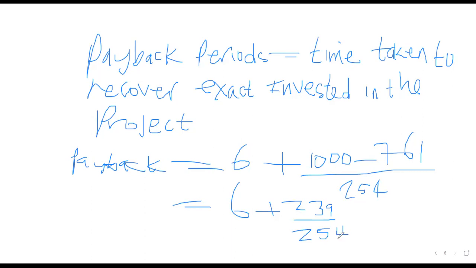So 239 divided by 254, plus that. So meaning our payback then plus 6. So it will be 6 plus.